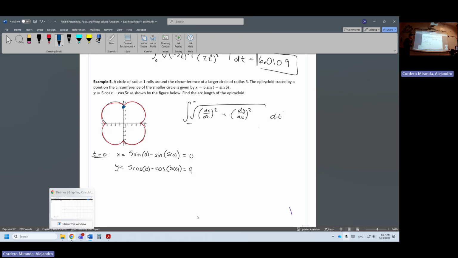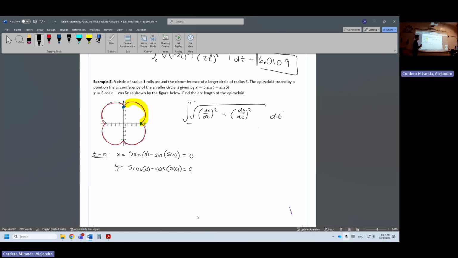But what I did next is I said, okay, what about this point right here, 4, 0 instead of 0, 4? And then if I can just find the length of what I'm highlighting right here, I can just multiply that by 4 and get the length of the whole thing. That's a little bit hard to do.